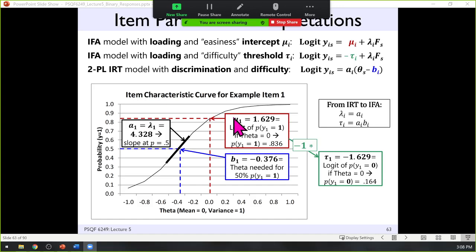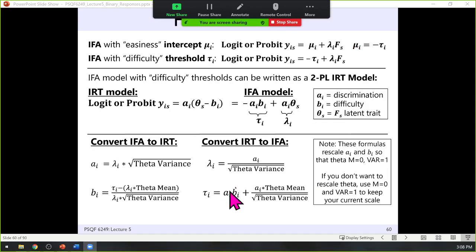Okay. So if you wanted to, here we go. If you have loadings and thresholds, then you can use those to get A's and B's. If you have A's and B's, you can use those to get loadings and thresholds. Yeah, so in these models, theta variance is fixed to 1.